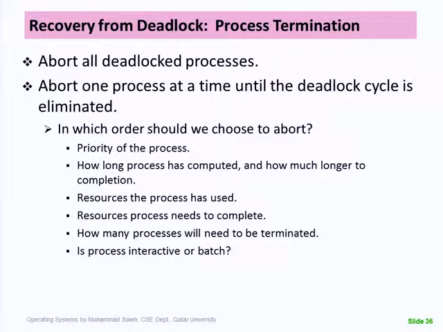So what we need to do is terminate processes. One option is to terminate all processes involved in a deadlock situation, in fact to restart them. Restarting all processes involved in a deadlock means releasing all the resources they have been using. And then maybe when they restart again in a different order, we might not have a deadlock.